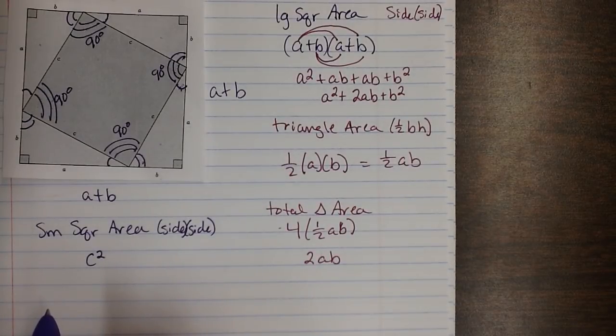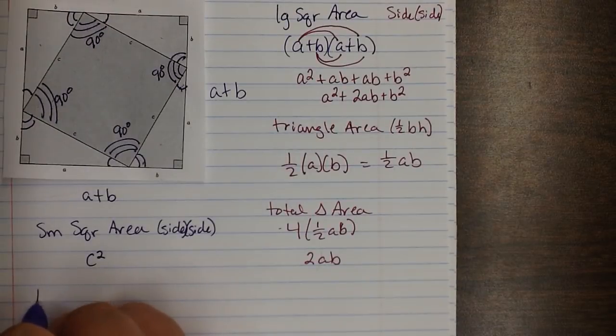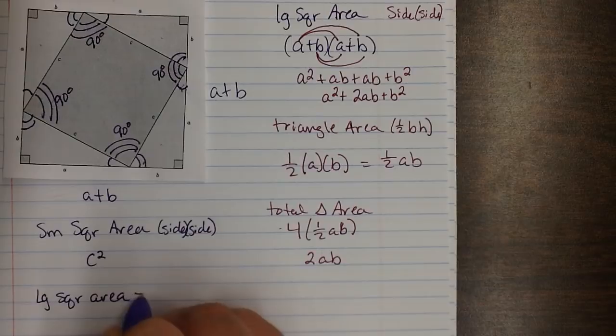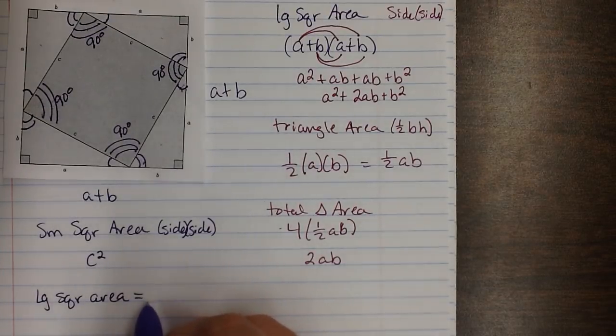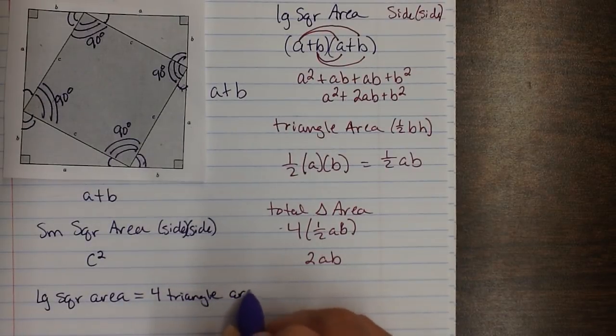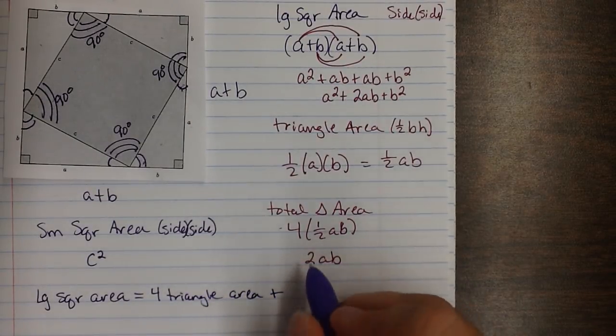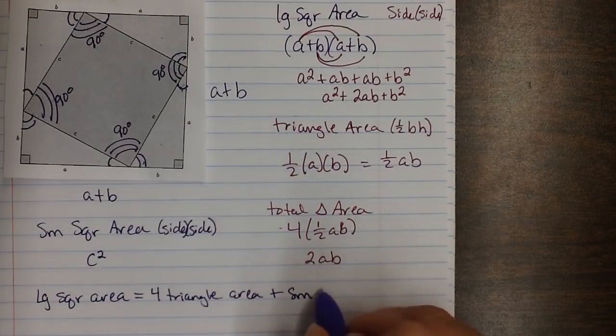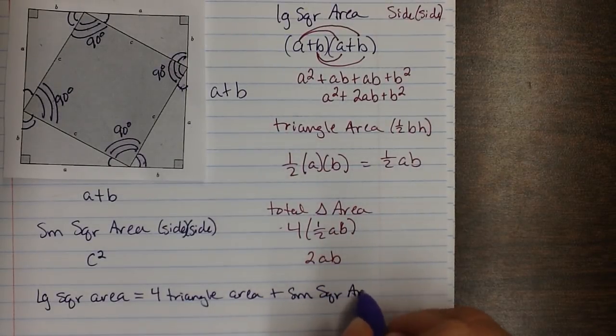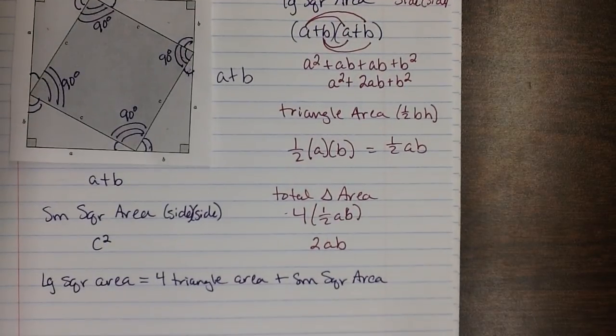So it says the outside square area, the large square area, equals the 4 triangle area plus the small square area. I'm just writing it out.